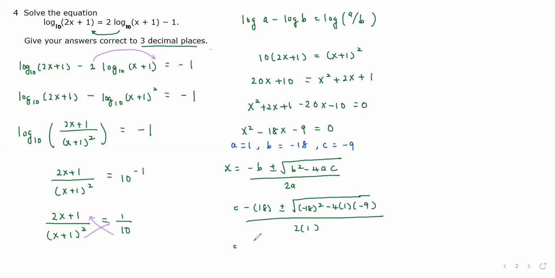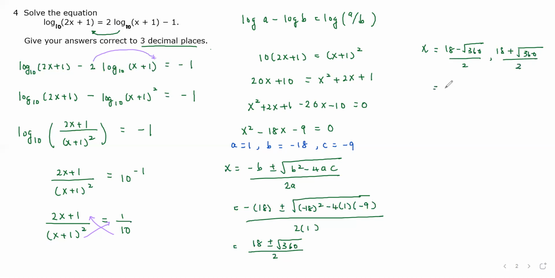And this gives us 18 plus or minus the square root of 360 all over 2. x is 18 minus the square root of 360 over 2, or 18 plus the square root of 360 over 2.